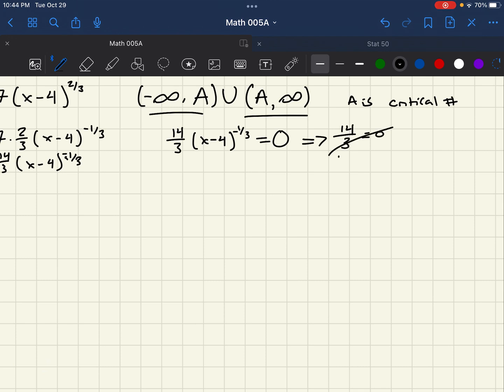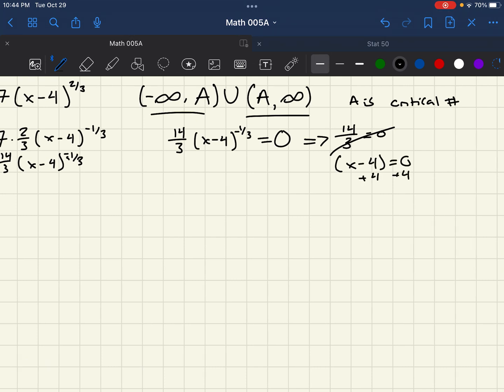And then simply x minus 4 is equal to 0. We solve real quick, add 4 to both sides, and x is equal to positive 4. And that's going to be our critical number, 4.